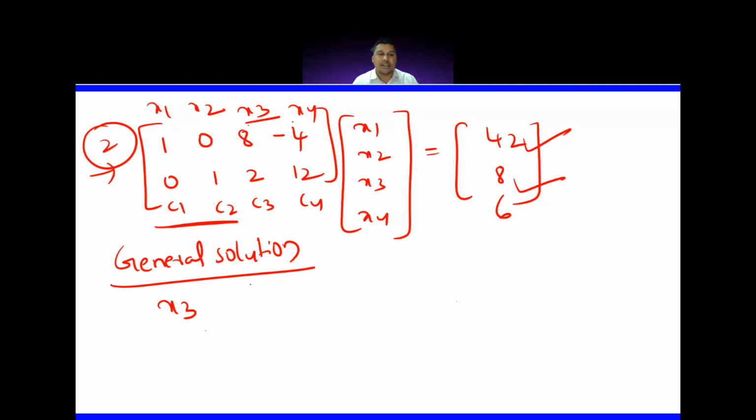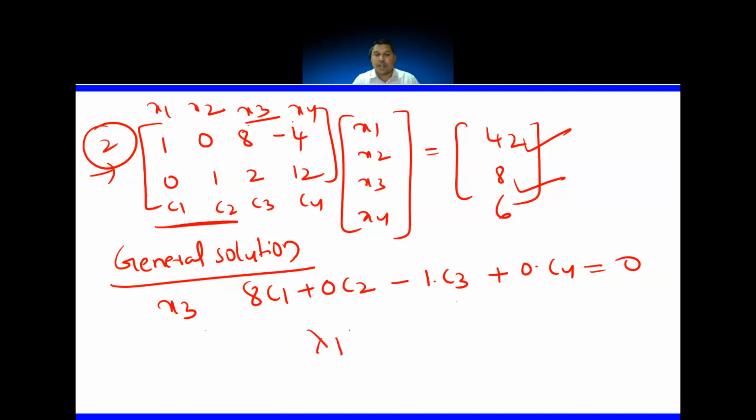So what I did here: 8C1 plus 0C2 minus 1 into C3 plus 0 into C4. When you get this as your equation, I am able to make this column value 0. Now you take a constant lambda 1, and just write these constant values 8, 0, minus 1, 0.